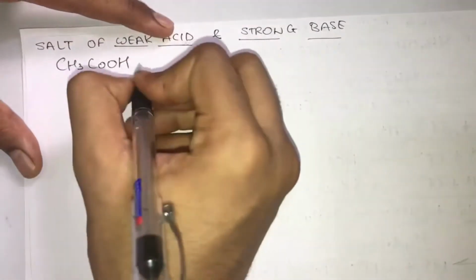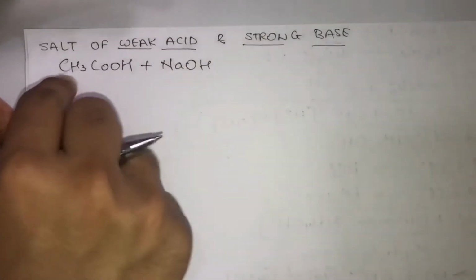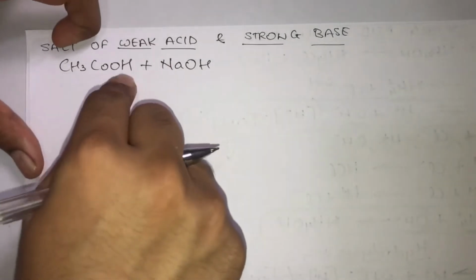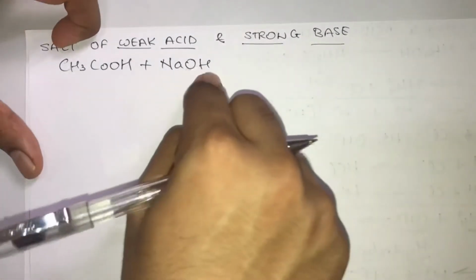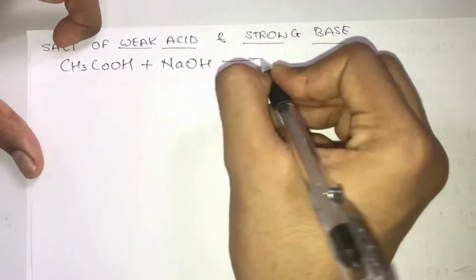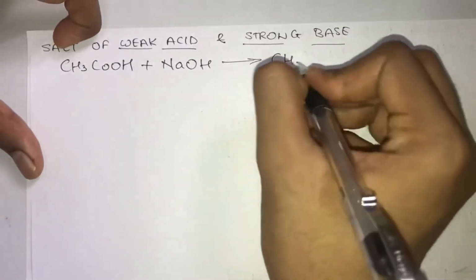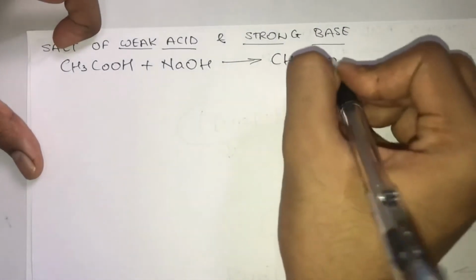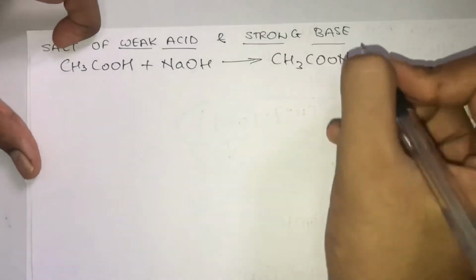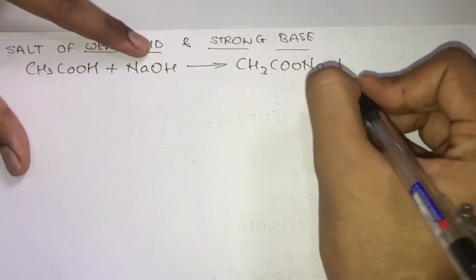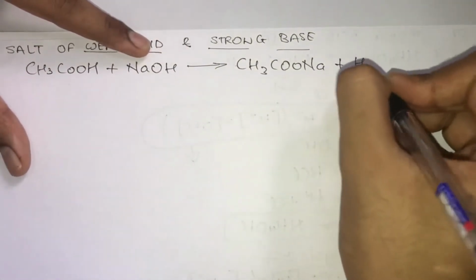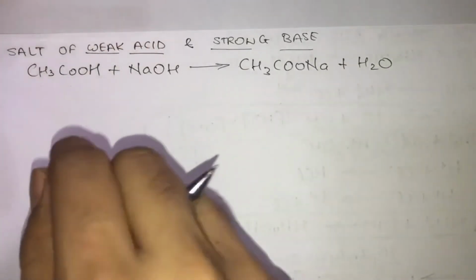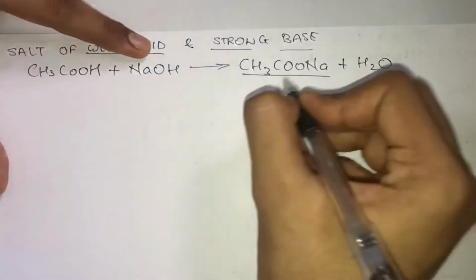When the weak acid CH3COOH reacts with the strong base NaOH, what we get is the salt CH3COONa plus water. Now this is our salt.